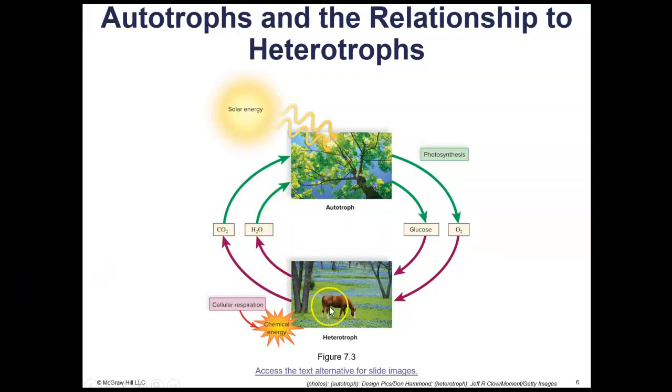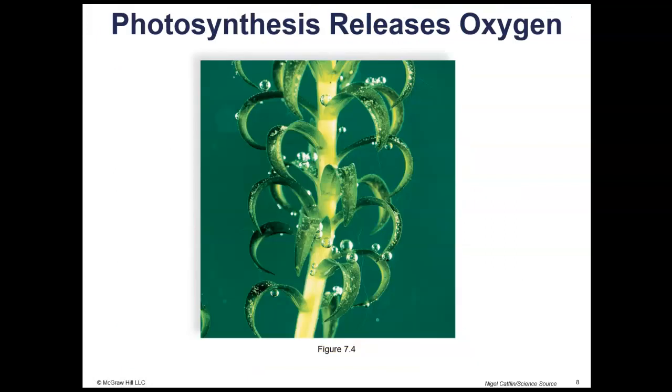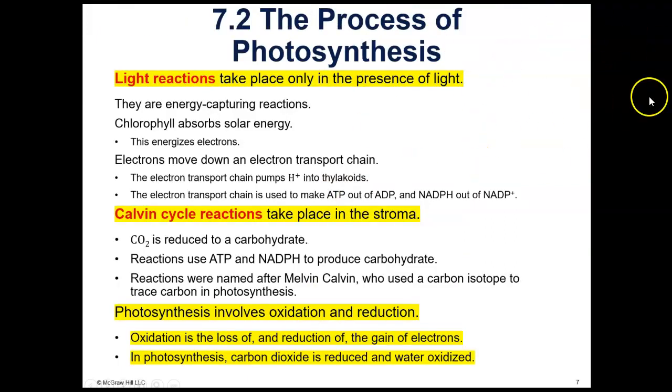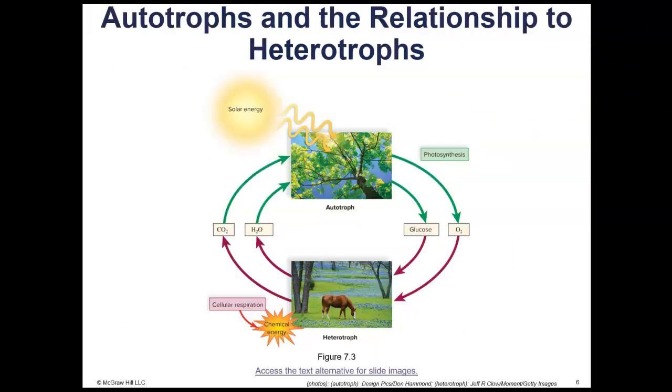It will build up inside of the horse's body. But the water and the carbon dioxide are now going to be the reactants or the raw materials for photosynthesis in the plant. So this is just a cycle that goes on and on between autotrophs and heterotrophs. That would be part of the water cycle and part of the carbon cycle.